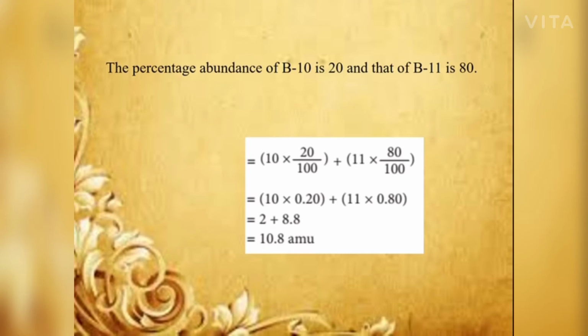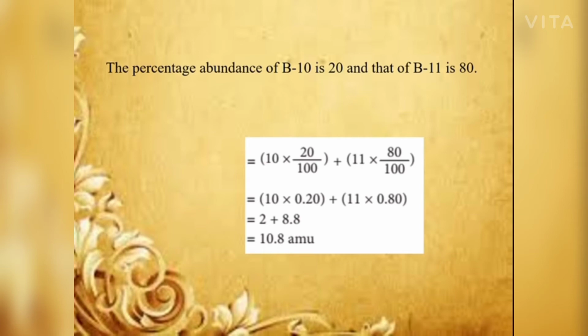Average atomic mass is equal to mass of first isotope into percentage of first isotope abundance plus mass of second isotope into percentage of abundance of second isotope. So that is equal to mass of first isotope, here 10, into percentage of abundance of first element, 20.